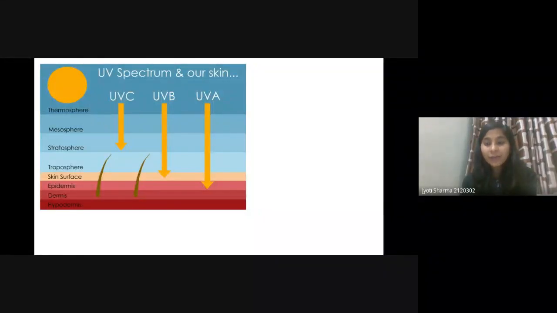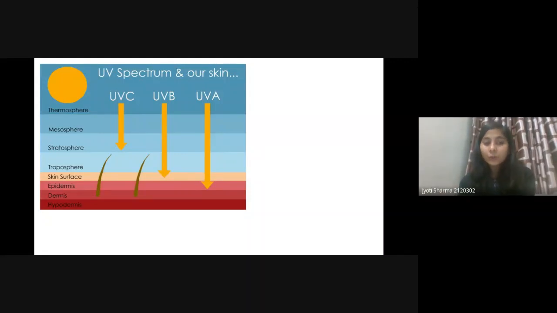Here we can see we have three types of ultraviolet radiation: A, B, C. Ultraviolet A can go up to the epidermis, which is the layer beneath the skin surface. Ultraviolet B can go up to your skin surface, and ultraviolet radiation C has already been absorbed by the stratospheric ozone.